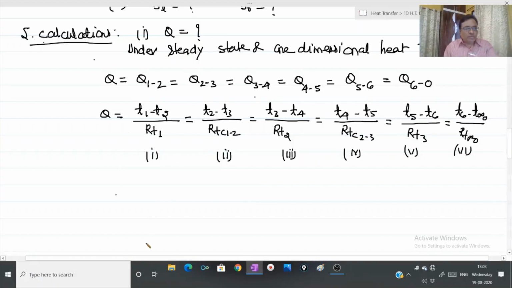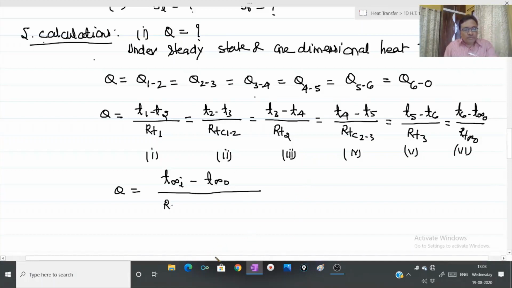So let us express the rate of heat transfer in terms of inside fluid temperature and outside fluid temperature. Under such conditions, all the thermal resistances occurring between these two temperature limits will get added up.